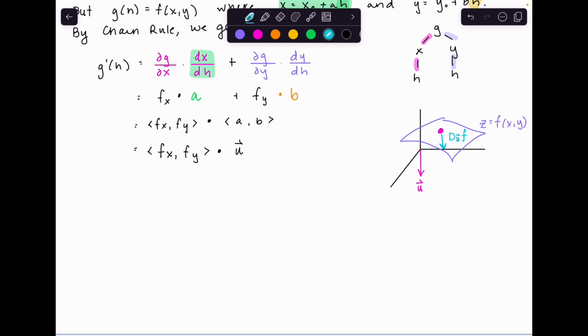Okay. So this vector is super important for us. If our vector u is i or j, that would be like 1, 0. Well, that would just give you the partial with respect to x. If it was the vector j, this would be 0, 1. So when you take the dot product, it gives you the partial with respect to y. So this vector, you're going to see, is going to pop up a lot of times. This is called the gradient of our function f.